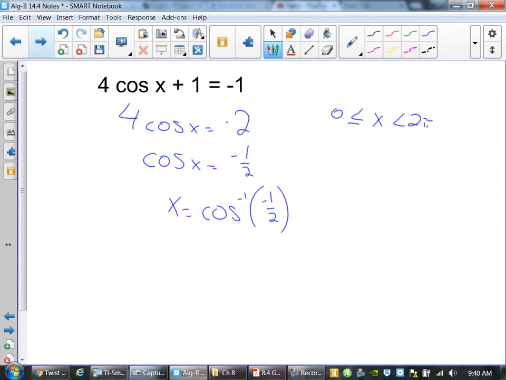Well, when you have cosine negative, that means you're going to go into which quadrant? The second quadrant. So then we have 30, 60, 90. So which one of these has the cosine? So that means this is how many degrees?